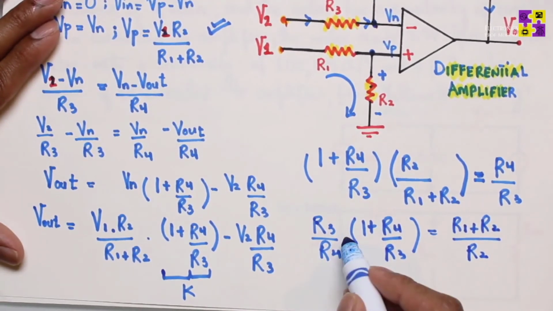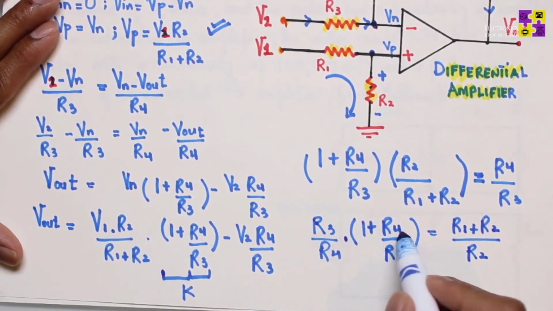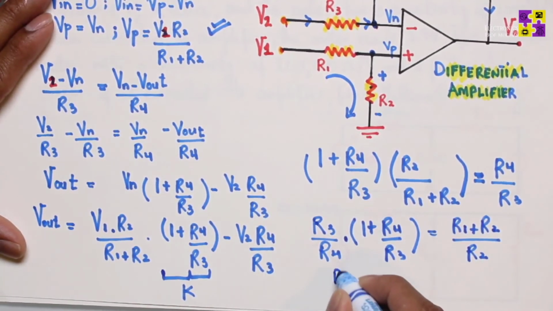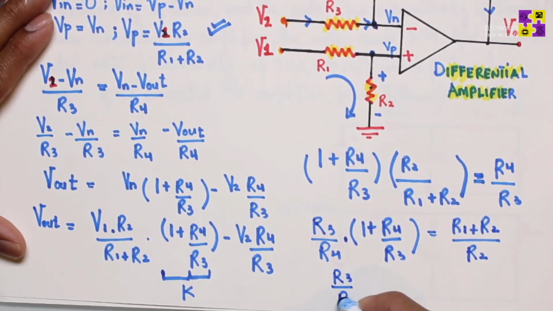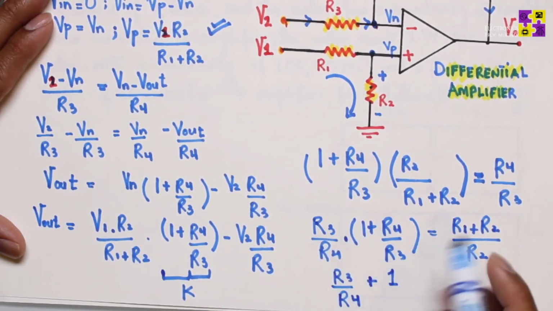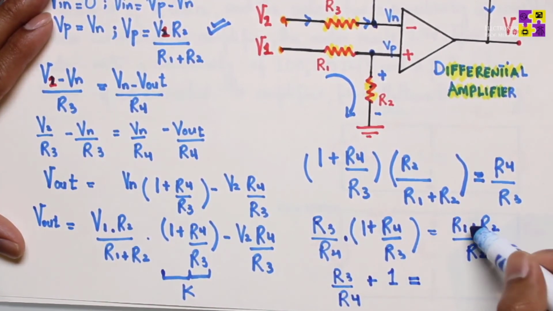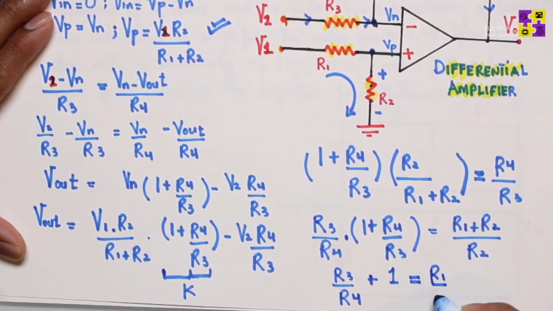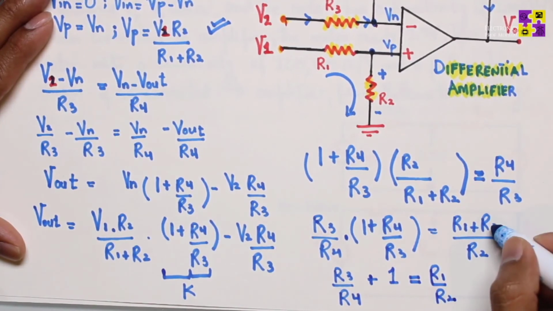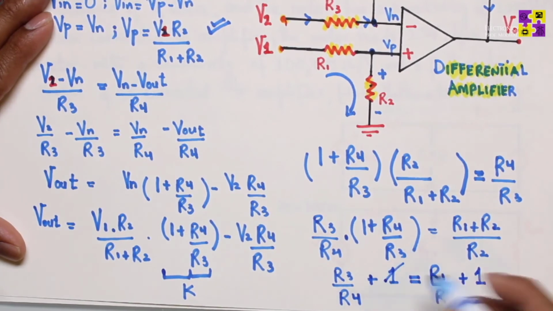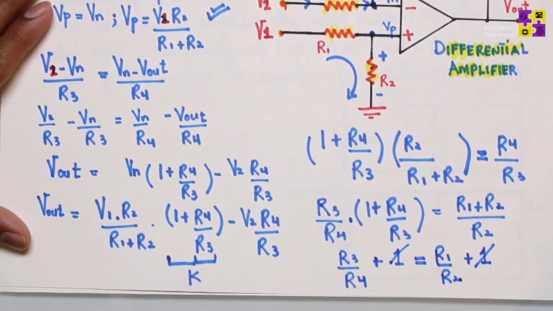Now if I multiply this part of the equation with this, I would have R3 over R4 plus 1. This R4 and R4 will cancel out, this R3 and R3 will cancel out, equals, if I split this, R1 over R2 and then R2 over R2, which is simply 1. This one and this will cancel out.